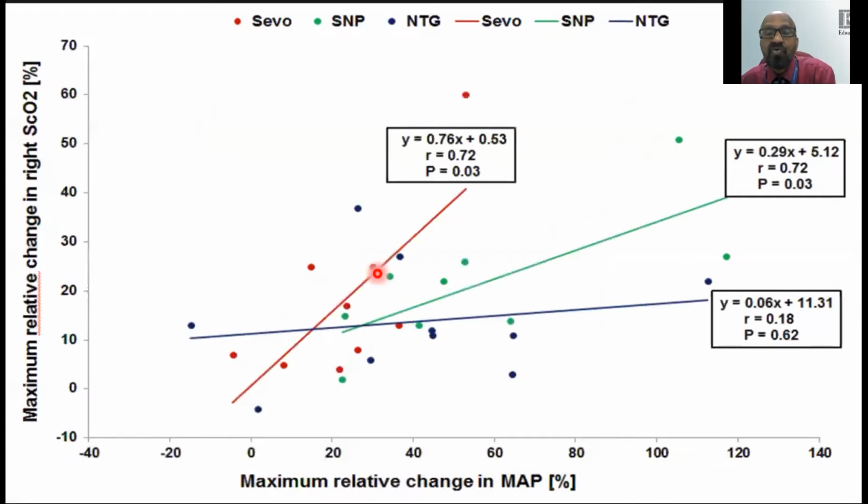This has been amply demonstrated in this study, where with the use of sevoflurane, sodium nitroprusside, and nitroglycerin, the relationship between the mean arterial pressure and the cerebral blood flow has been different in different circumstances, where there is pharmacological manipulation of the circulation. The autoregulation may be different in different situations.